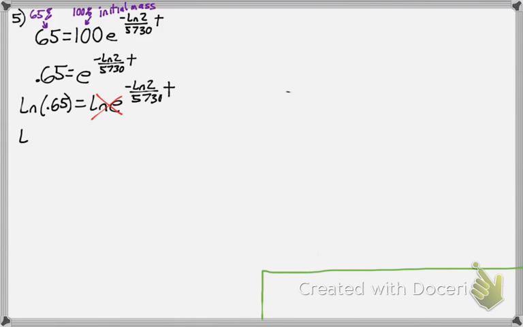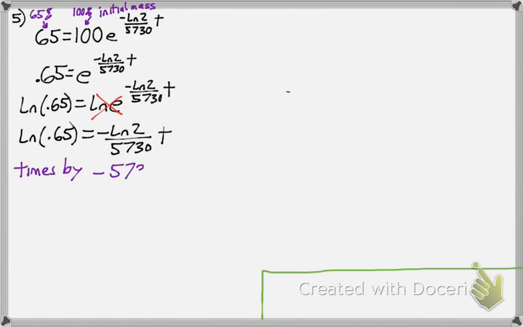So that's going to leave us with ln of 0.65 is equal to just the exponent there. And then I want to multiply by the reciprocal. So I'm going to times by negative 5,730 divided by ln of 2.